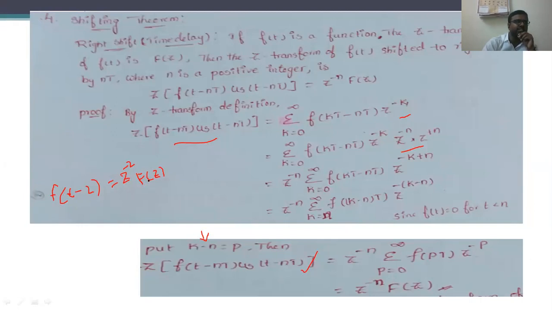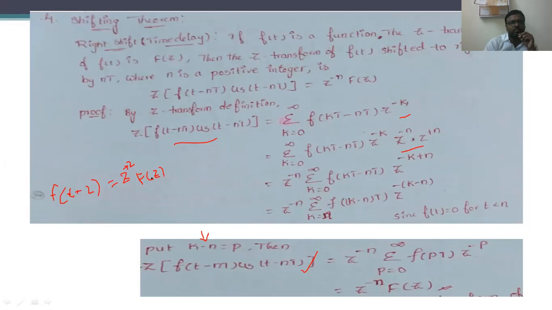Or else if a function we are having is f of t plus 2, it can be represented as z power 2 into f of z. It is simply the shifting, whether it will be a right shifting or left shifting. Whatever the value of the constant after t, whether it may be negative or positive, it can be represented as a power of z in the final.